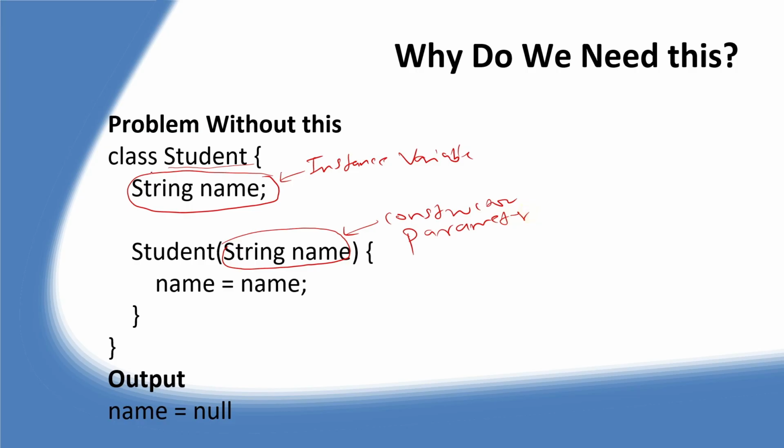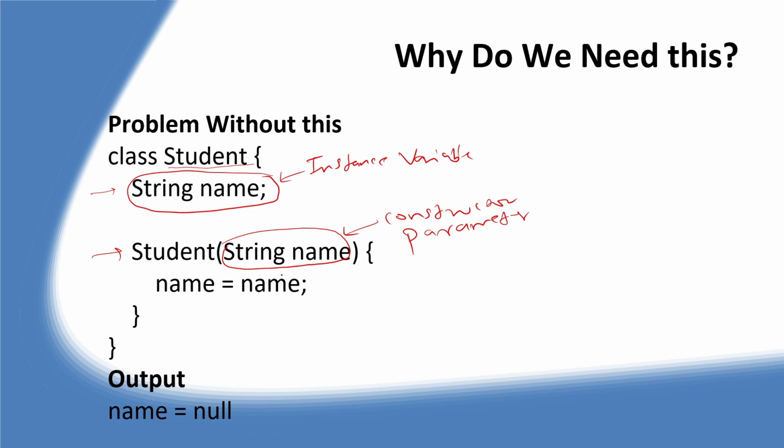So inside the Student class, we have one property, or instance variable, and one parameterized constructor with the parameter name.